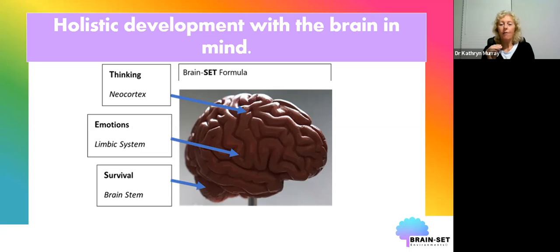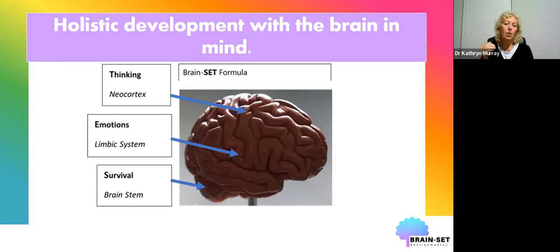Now, when we experience trauma, the brain is flooded with cortisol, and cortisol seeps up into this top area of the brain here, the neocortex, and that's where the thinking happens. But if there's a whole lot of cortisol floating around in the brain, that's when we get foggy brain and we can't really think clearly.